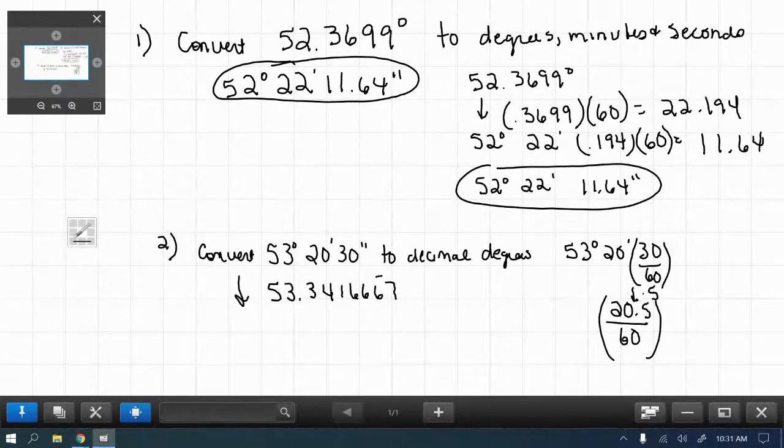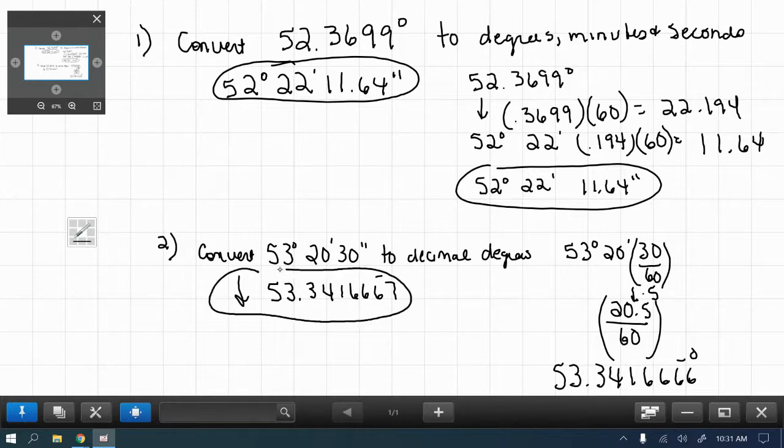Okay. So now if I take the 20.5 and divide that by 60, there's where you got 53 decimal 341666. Same thing. Long, short, same answer.